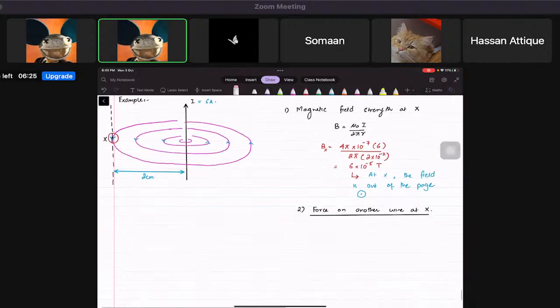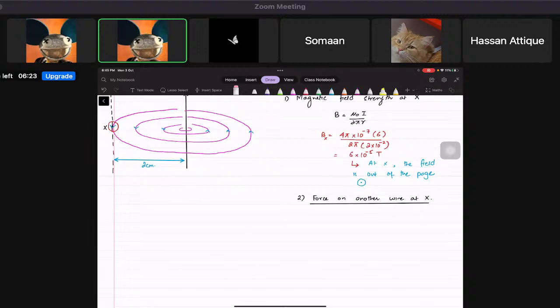Suppose the other wire is given like this. It means that the magnetic field at that point is going out of the page like this. Okay, this is just to explain it to you. Whether you draw it or not doesn't really matter.